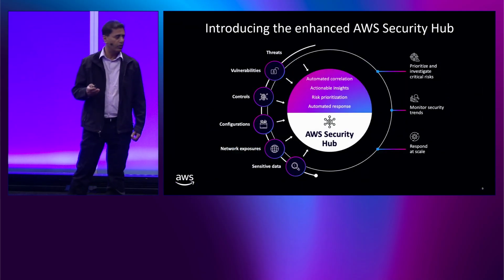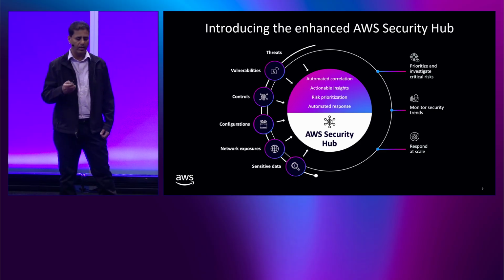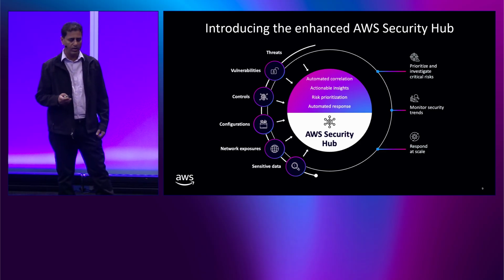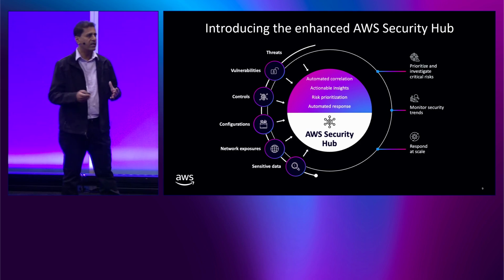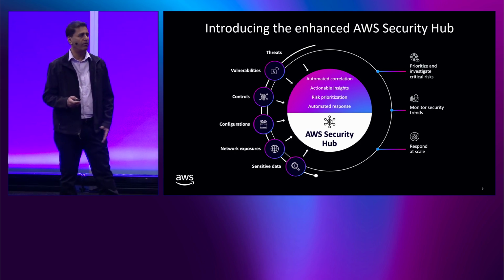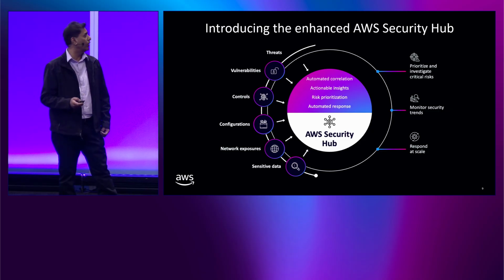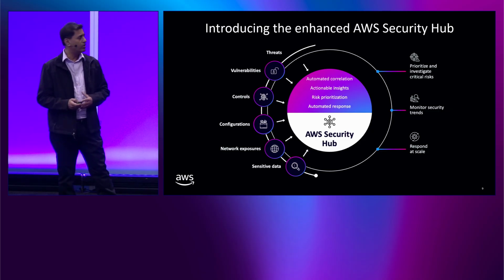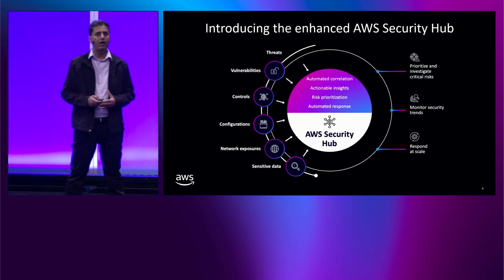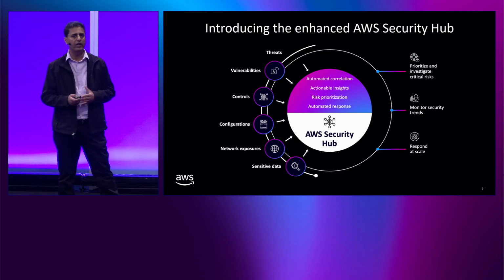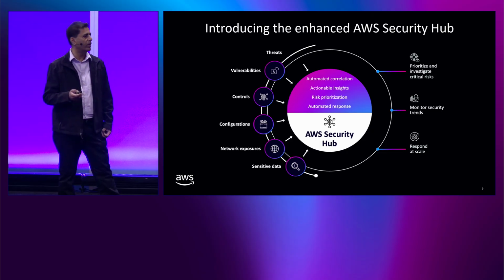Let me now introduce you to AWS Security Hub, our unified cloud security solution. Security Hub is a platform where you can ingest vulnerabilities, threats, security controls, network exposures, and sensitive data. Once you collect all this data, it is correlated on the back end so that you know which finding is of maximum importance and which you need to address immediately.